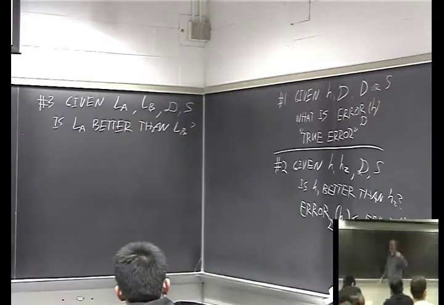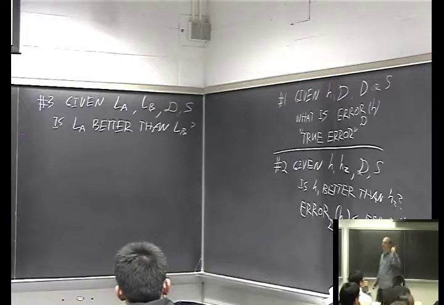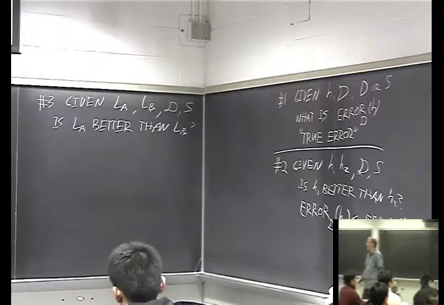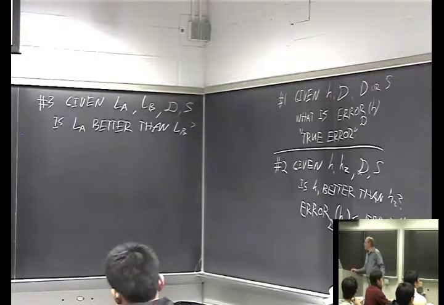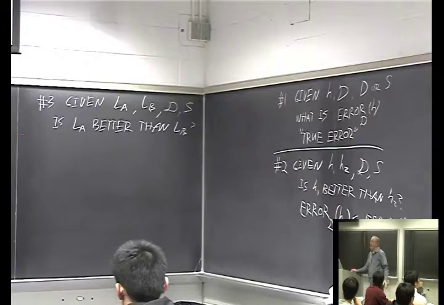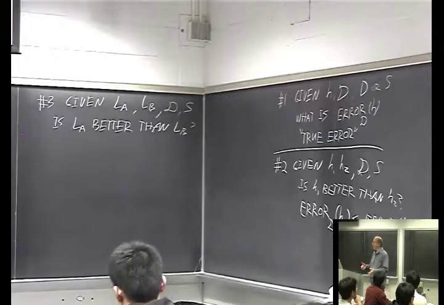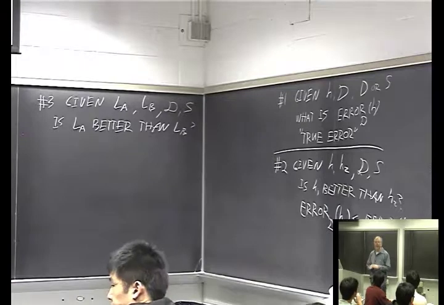Do you see any other problems or anything you would want to change or improve on in Dan's definition of what it means for LA to be better than LB? Sample complexity? I'm sorry? Sample complexity. Okay, so there are other dimensions of being better. One algorithm could require less data to achieve a certain goal, or can take less time. Very true. Let's just evaluate them on error rate.